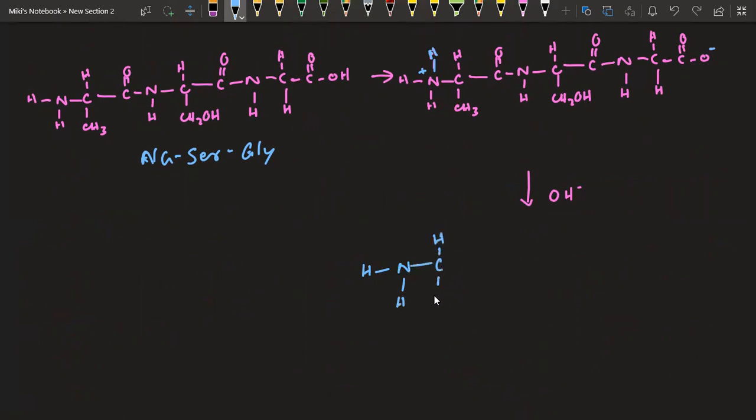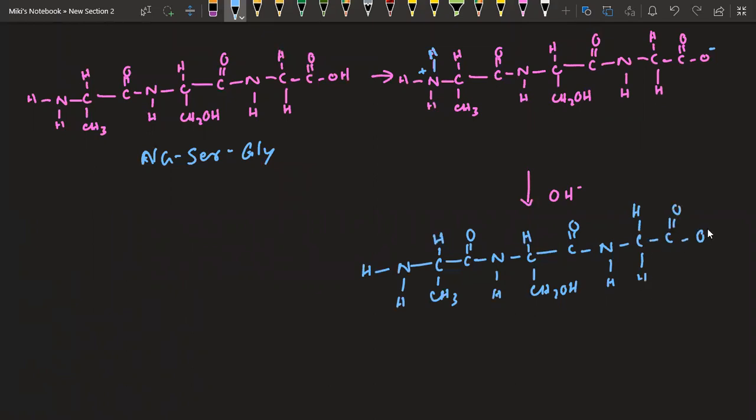Here we have H, CH3, that's our alanine. Then we have our serine, CH2, OH, COO, CONH, CH, H, COO, O minus. Okay, so that's what the final result is. So based on this, our negative ion is formed.